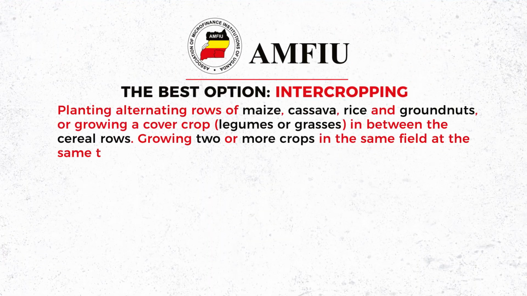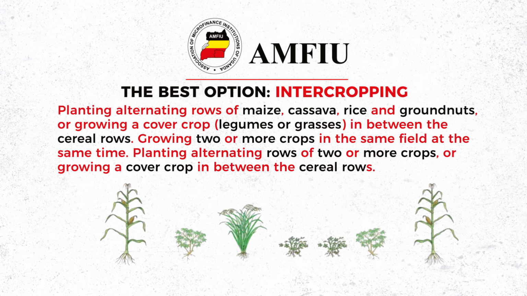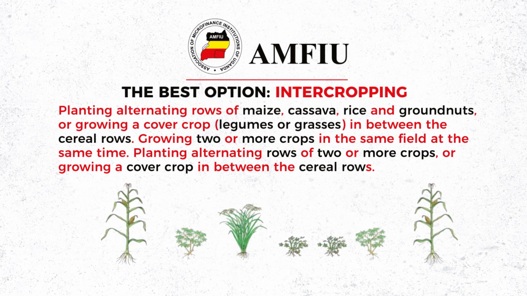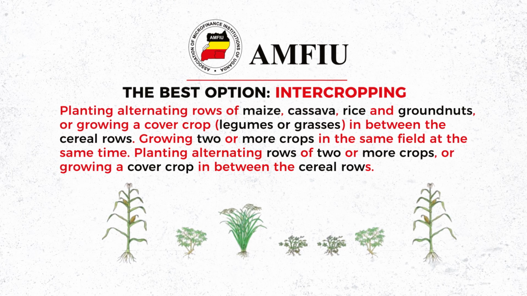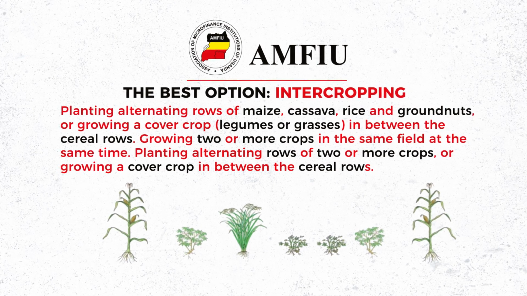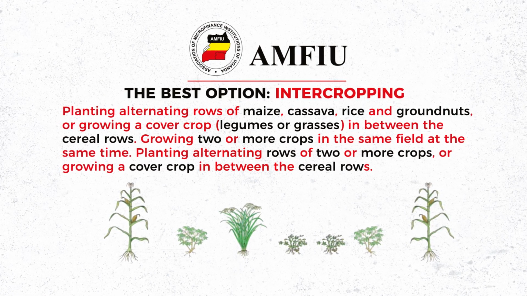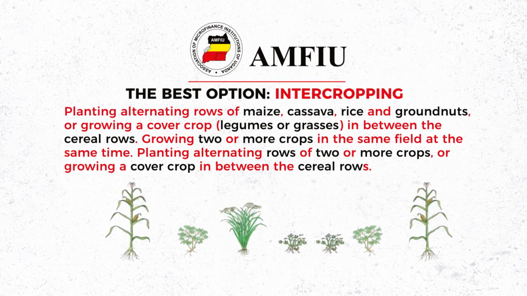So the best option that is always emphasized is intercropping, where you can choose to have not one crop, but two or more in the same place, where one is depleting the soil fertility and the other is adding, like if you have legumes and then cereals in the same place.